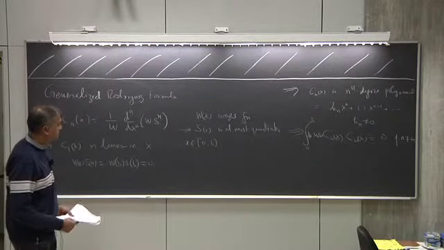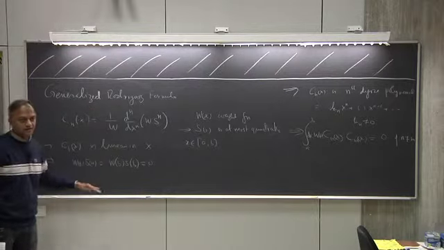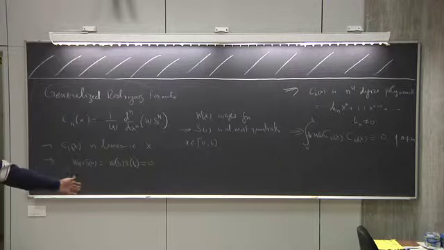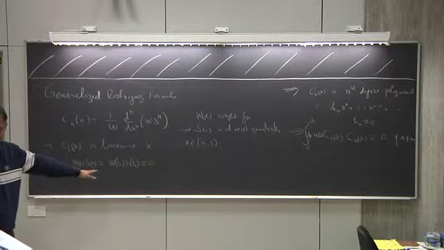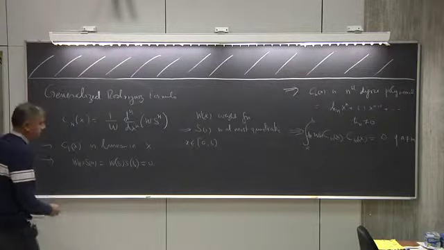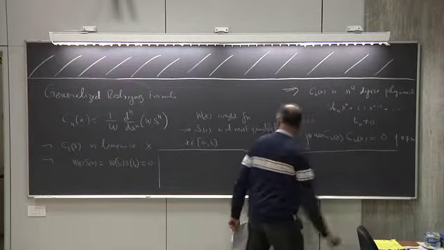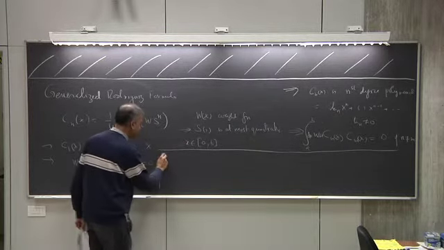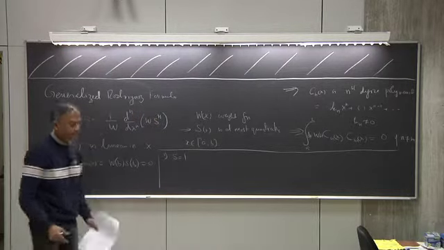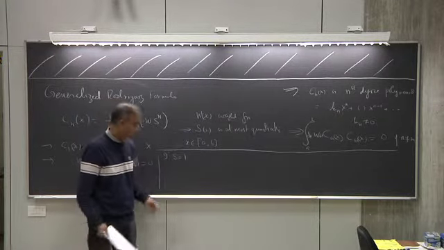Now the next step we did was to look at these conditions more carefully and try to determine what possible solutions there are. We found there were three possibilities. The first possibility was s is a constant, so we just take s equal to 1. This is at most quadratic, so of course a constant is also one of them.